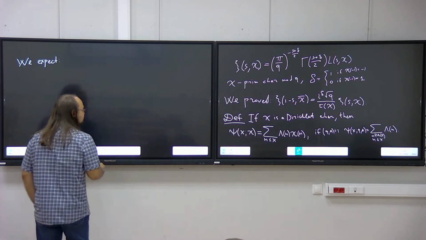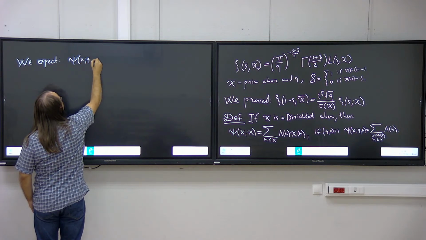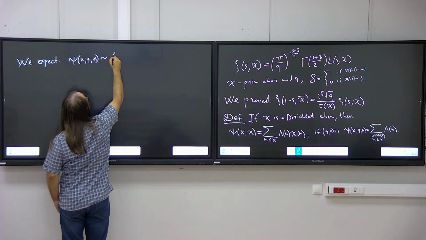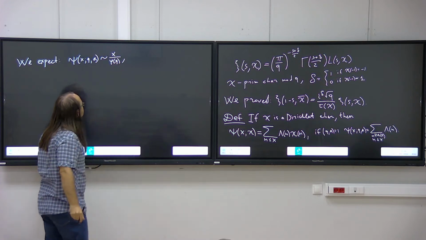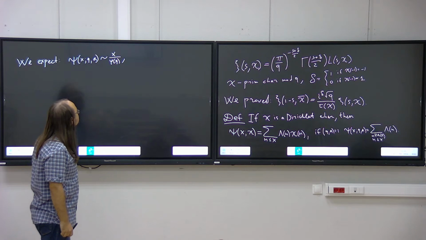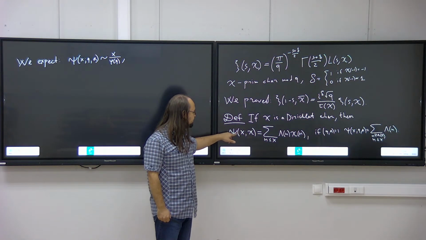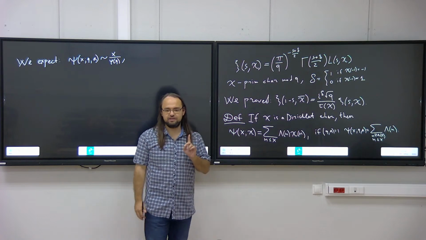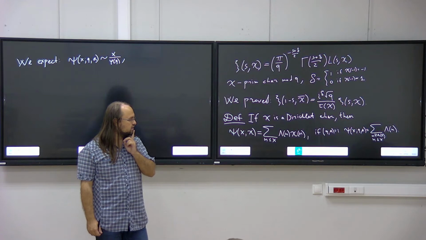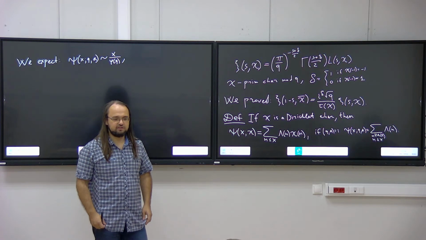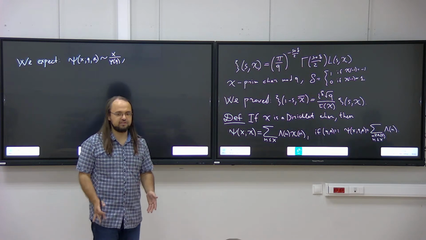So we expect that the psi function behaves something like x over phi of q. And what we also expect is that this function, psi of x, chi, if your character chi is not a principal character, then we expect a lot of cancellation in this sum.